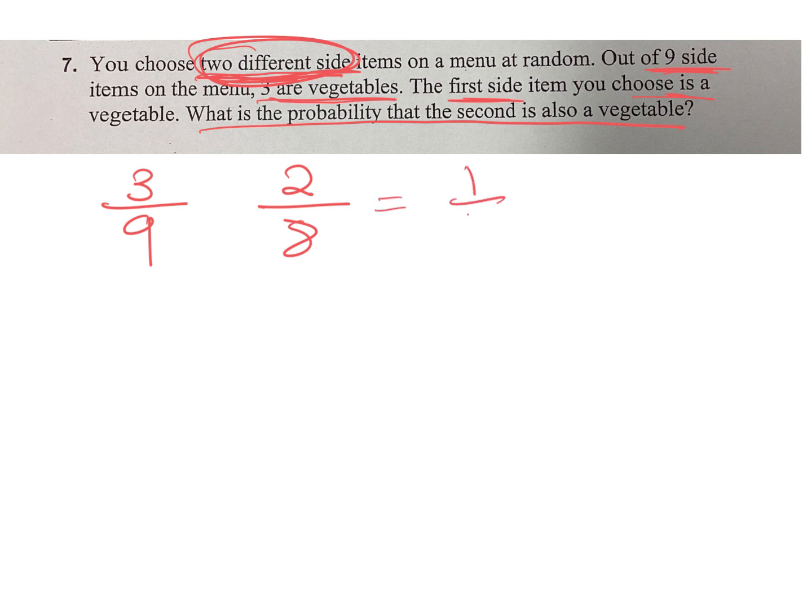I could reduce that to 1/4, and then convert that to a percent, and I'm going to get a 25% chance that the second side item I choose is a vegetable.